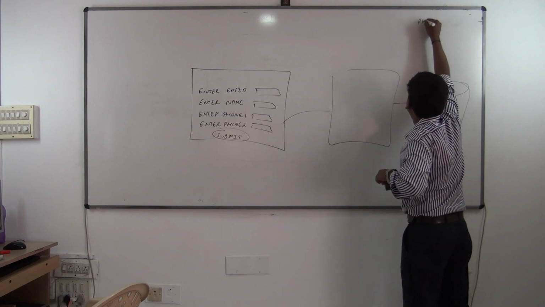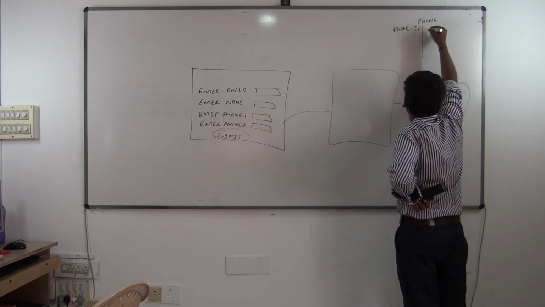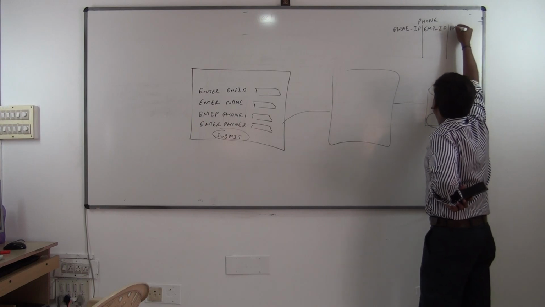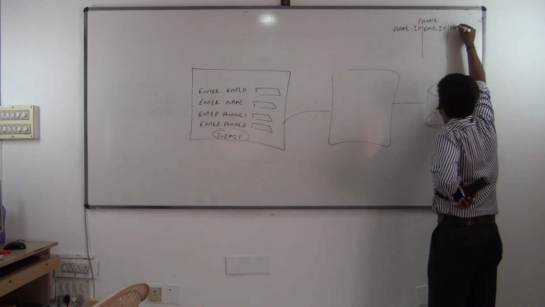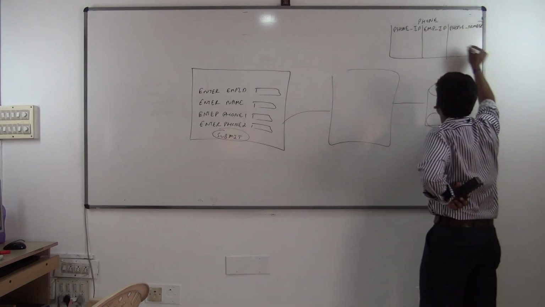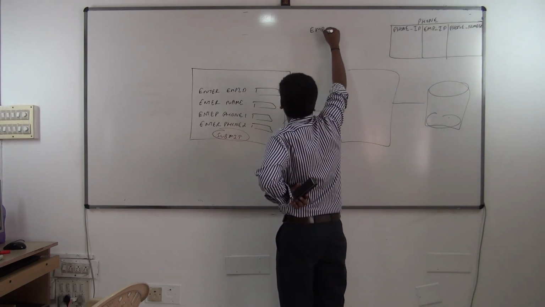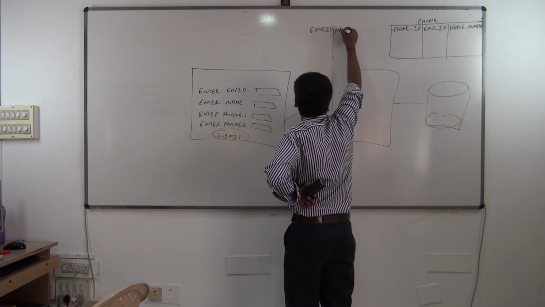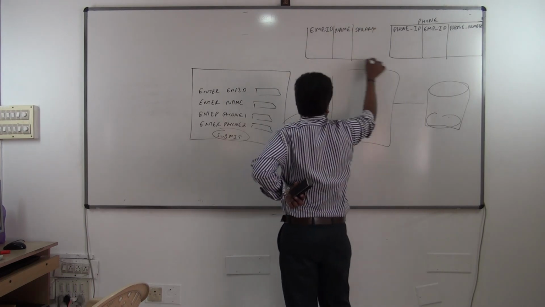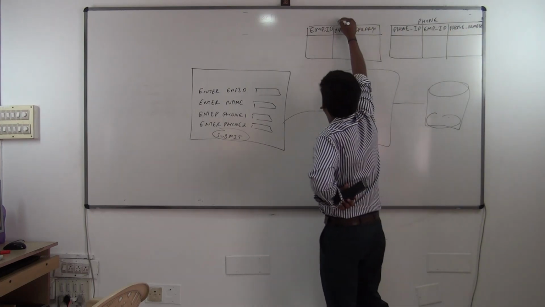First I'll draw phone only. See, this will be one table. One more table will be there: Employee ID, name and salary. So this is how the 2 tables will be there, and this will be the employee table.